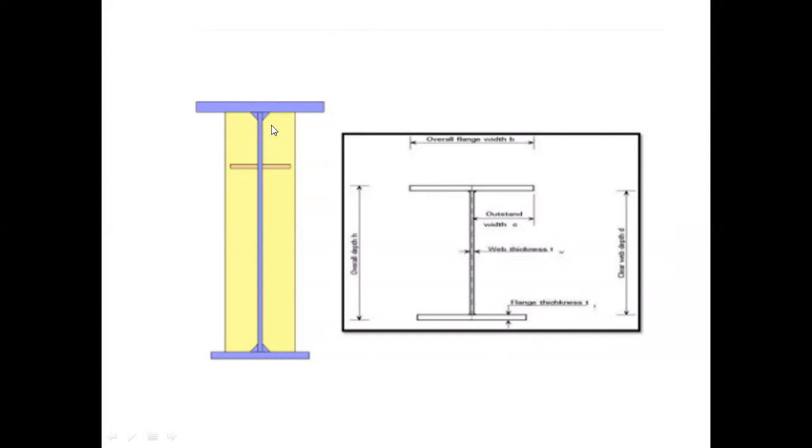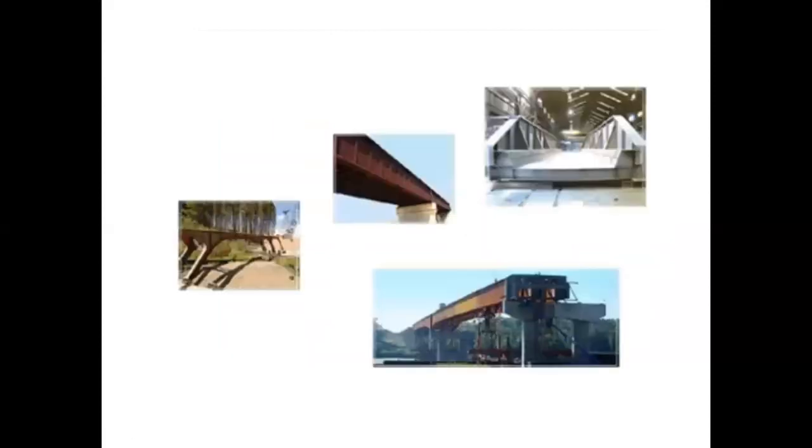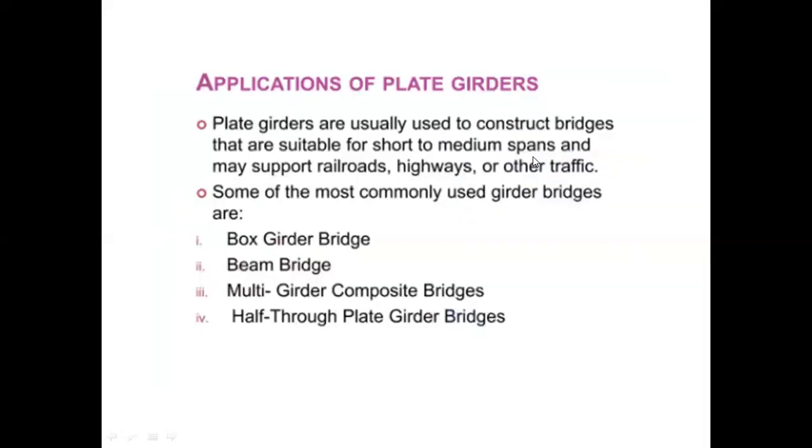Some of the applications of plate girders are in bridge construction, and sometimes they are also used in the construction of steel industrial structures. As I said, they are used in the construction of bridges, either for short and medium spans, to support railroads, highways, and other traffic.